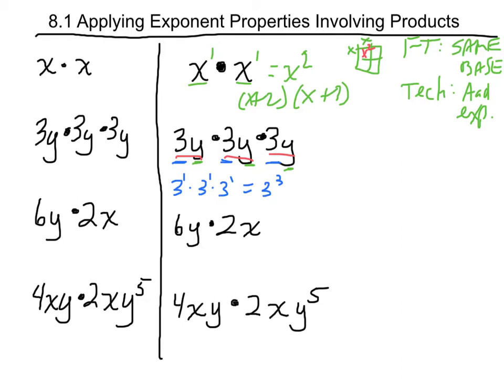And then you also have y times y times y, which is y to the first, first, and first, which is y cubed. So then 3 cubed times y cubed would give me 3 cubed y cubed for my final answer.